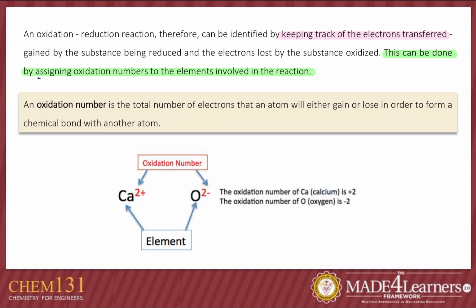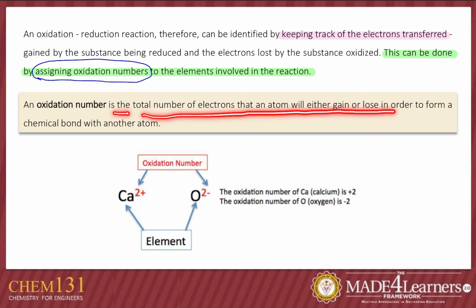Assigning oxidation numbers. Okay. Thing here is, unsa ni siyang oxidation number? An oxidation number is the total number of electrons that an atom will either gain or lose in order to form a chemical bond with another atom.